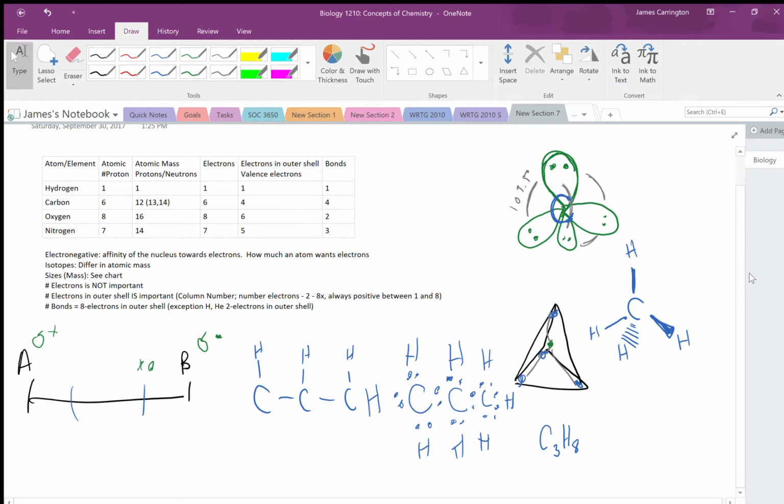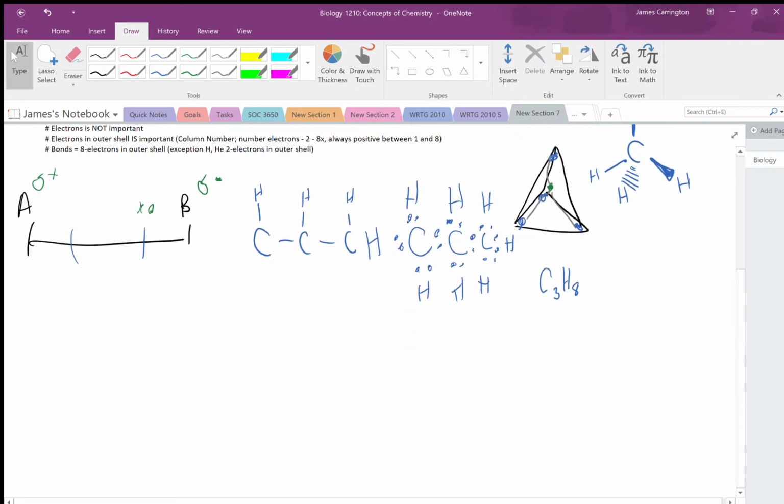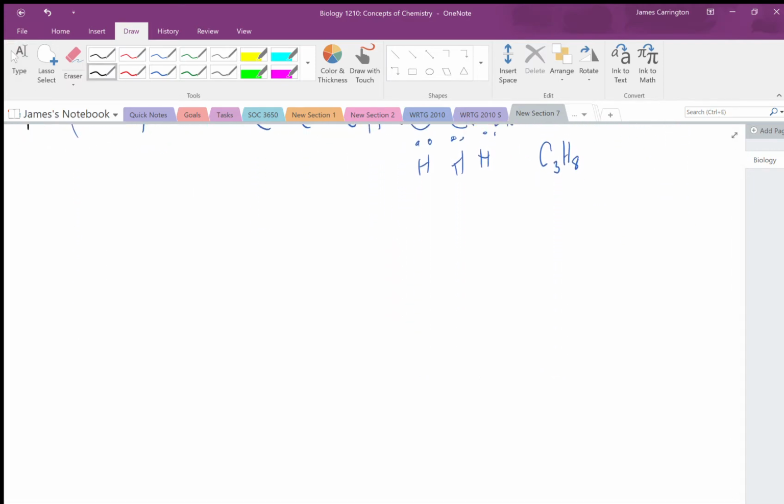So if I scroll down a little bit, I'm going to show how this works with water. So water is written as H2O. So you have one oxygen up here, you have a hydrogen, and then this tetrahedral shape that I was talking about. So why are these hydrogens so close to each other? These electron bonds are so close. It's not as far as they could be. They could be 180 degrees apart.